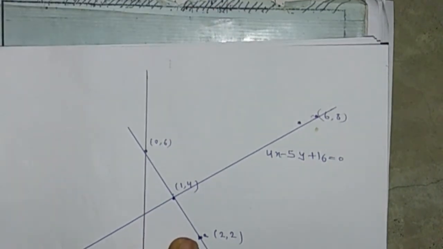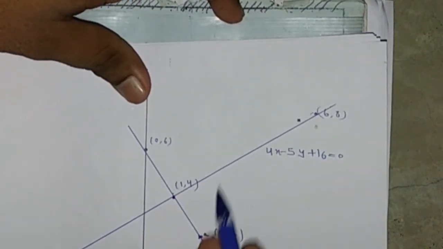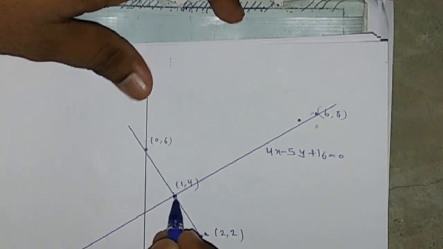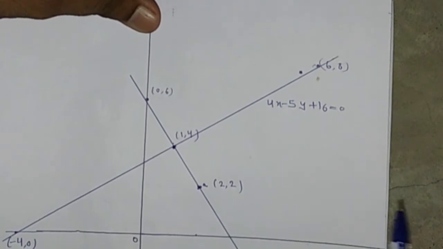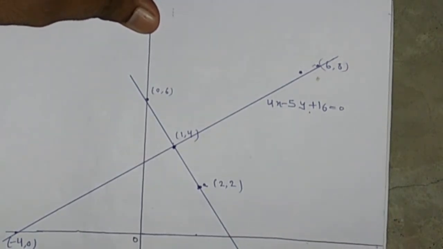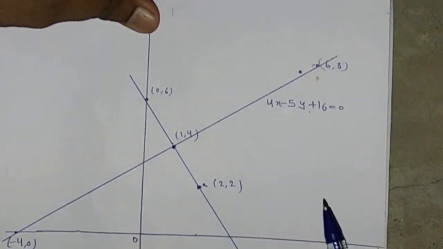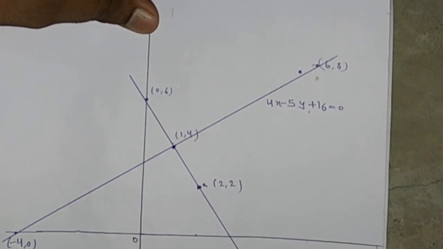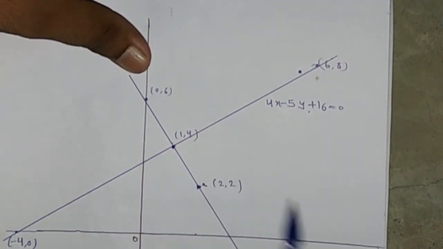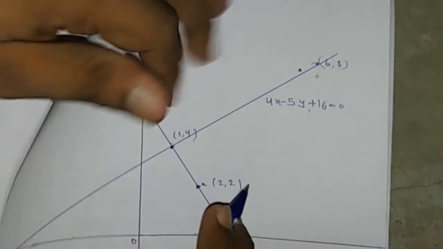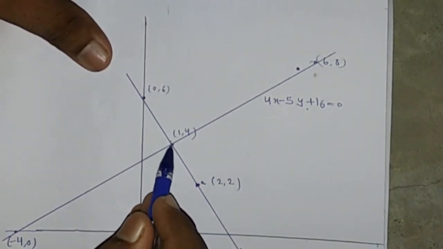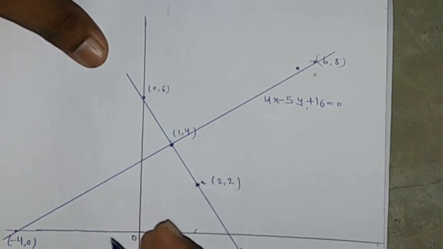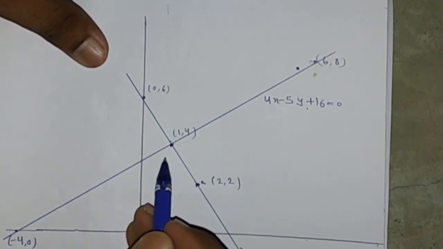The intersection of these two lines is 1, 4. If we have to find the intersection point, then we simply solve these two equations by any method: elimination, substitution or cross multiplication. And if we draw this diagram on graph paper, we simply find the point where these lines intersect each other.